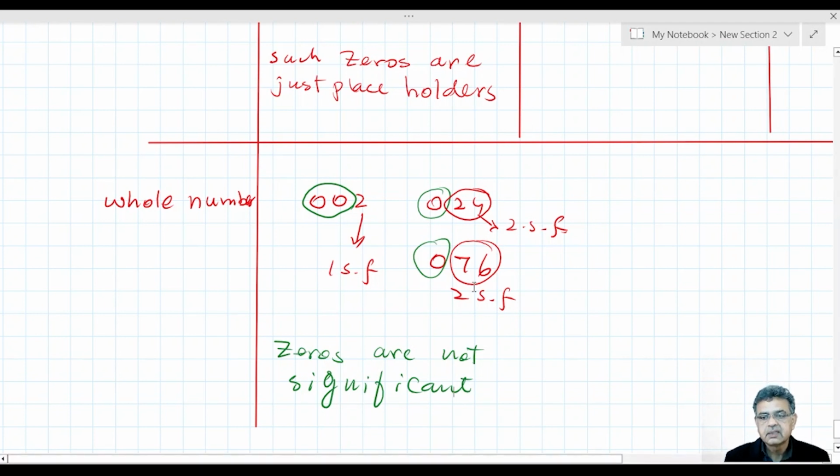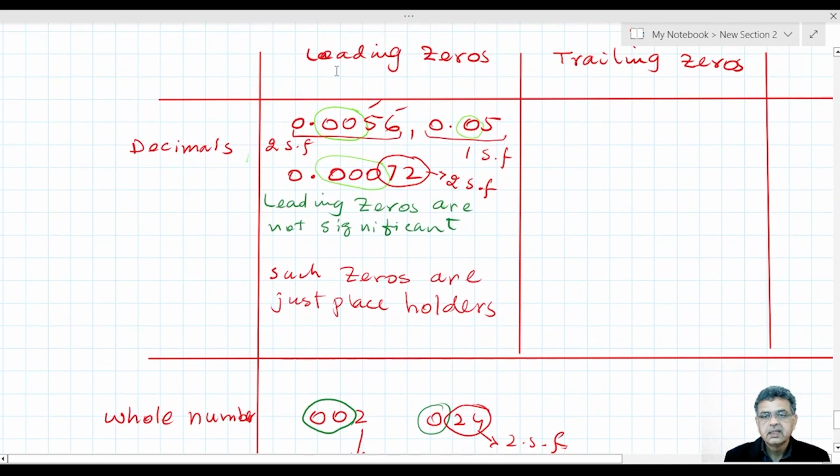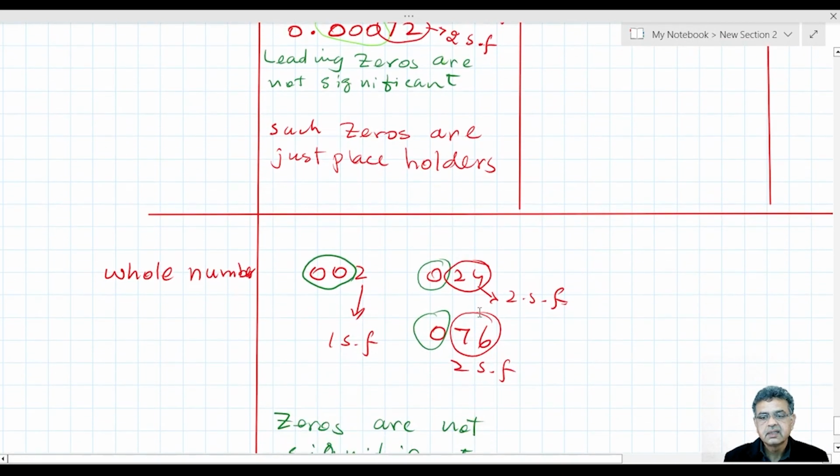That means the matter of leading zeros regarding decimal and whole number, they are the same. It does not make a difference whether it is a number with or without decimal. So I write it here.